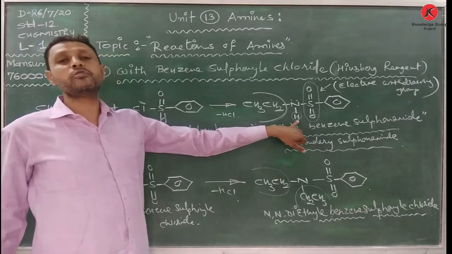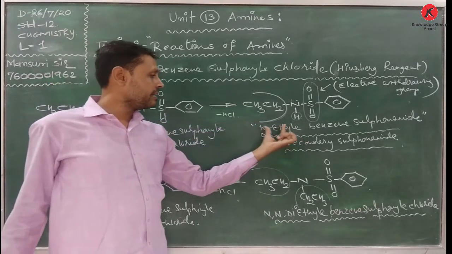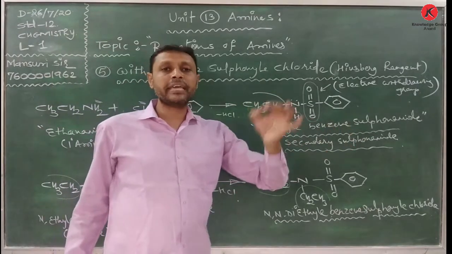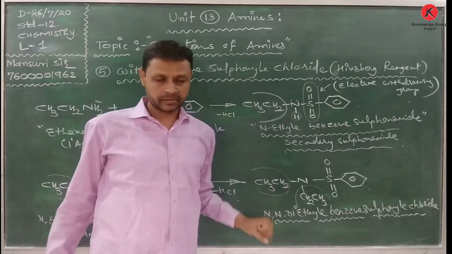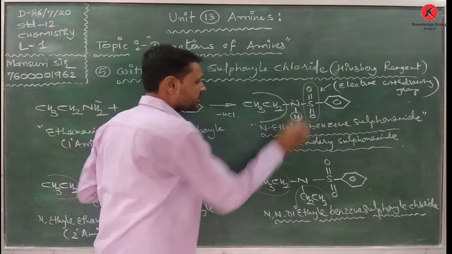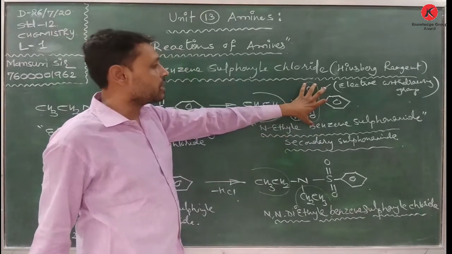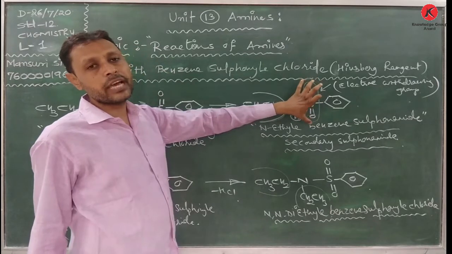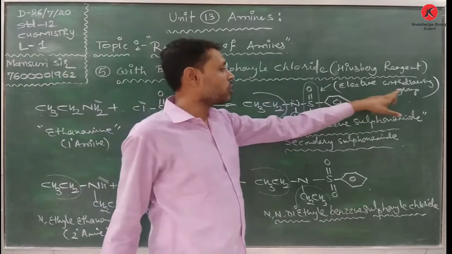So a substance like N-ethyl benzene sulfonamide becomes more acidic. Why? Because hydrogen is attached to nitrogen, and the sulfonyl group is electron withdrawing.